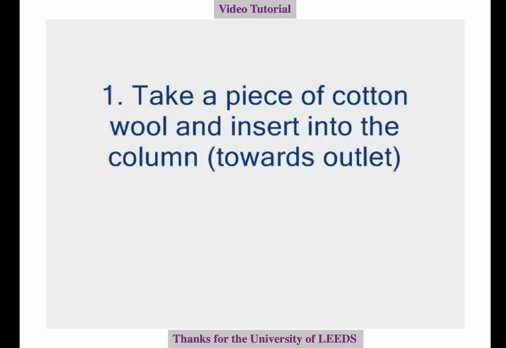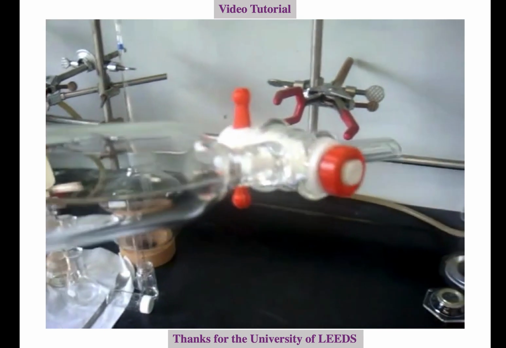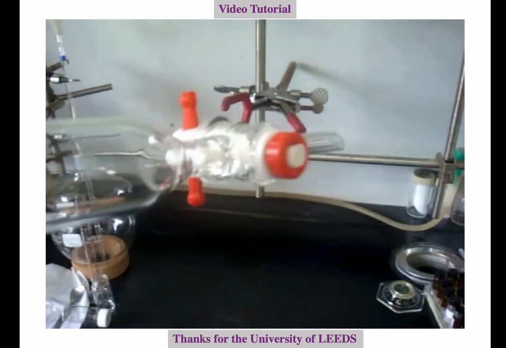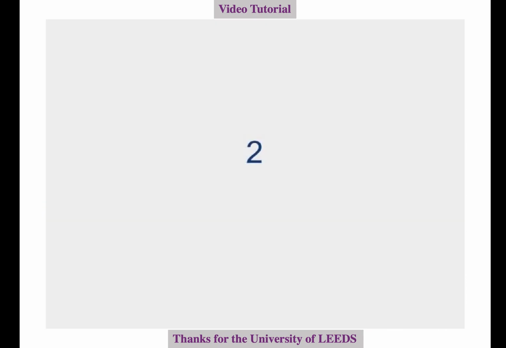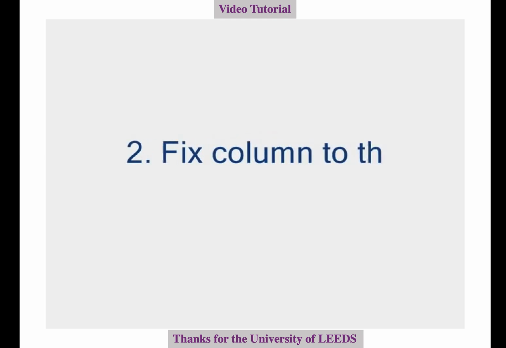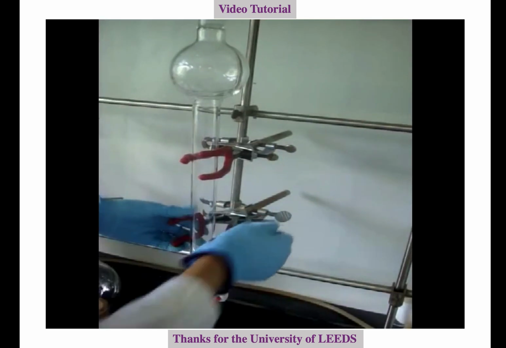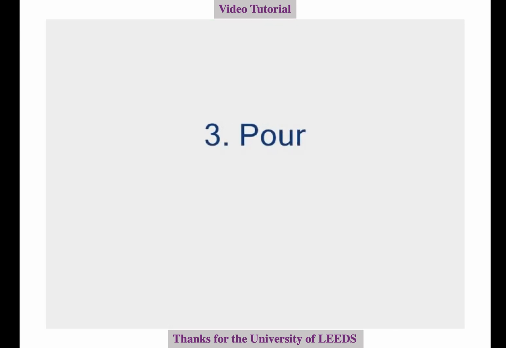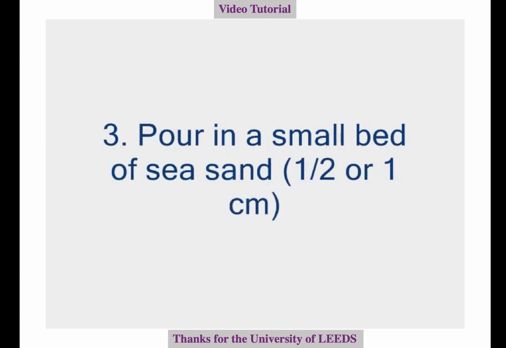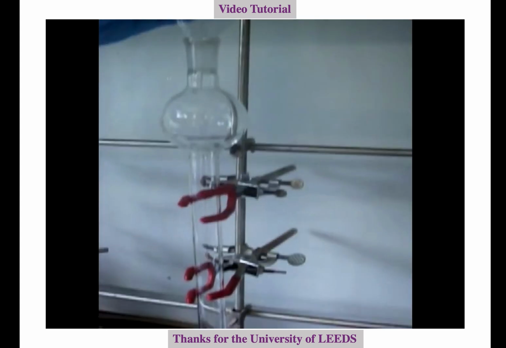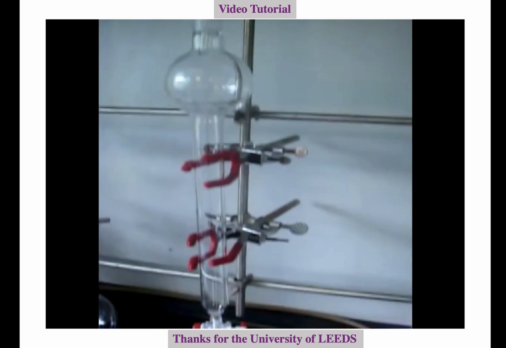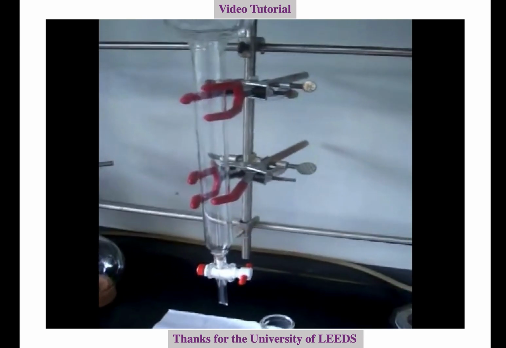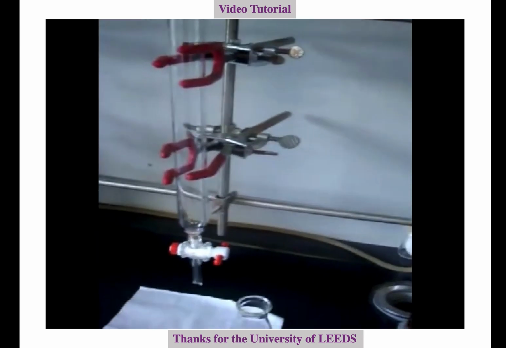So we need a piece of cotton, glass wool or wool. That's the column that we have. Then we have to fix the column with 2 clamps, not 1. So just a little bit of sand has been poured to the bottom.